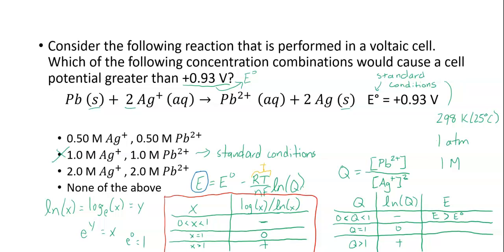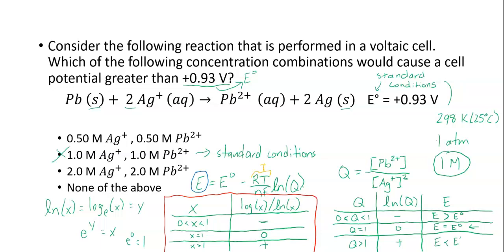If Q is 1, ln of Q is 0, then this whole term on the right side is 0, and our cell potential is just equal to the standard cell potential, which makes sense because Q is going to be equal to 1 when all of our concentrations are 1 molar. And so we're at standard conditions, so our cell potential should be equal to our standard cell potential. And then lastly, if Q is greater than 1, ln of Q is positive, so our cell potential is equal to the standard cell potential minus a positive number, so it's becoming smaller, so the cell potential is less than the standard cell potential.